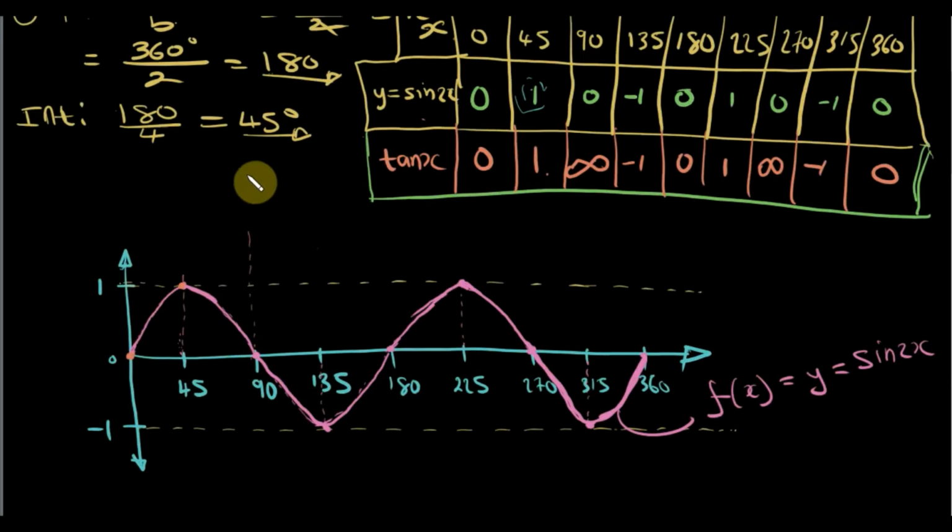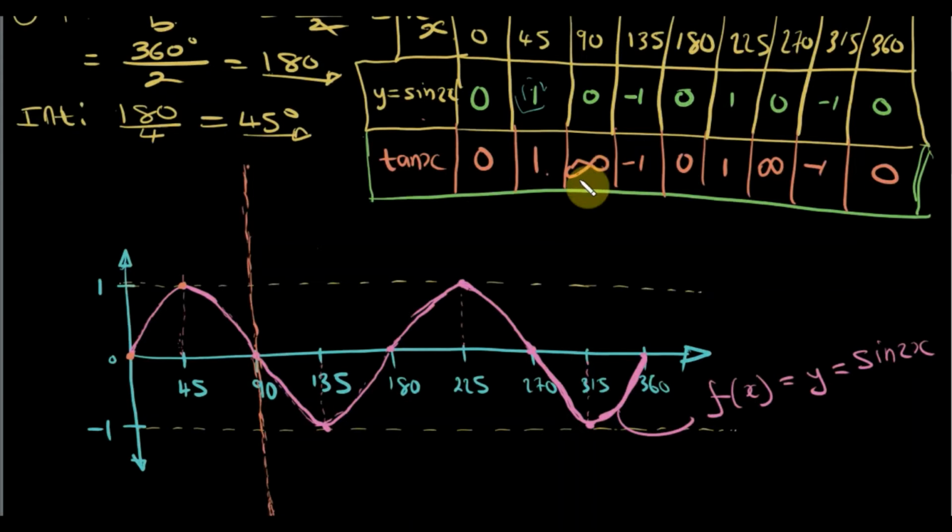So with tan x, it's not similar to the sine and cosine graphs, in the sense that it has vertical asymptotes.